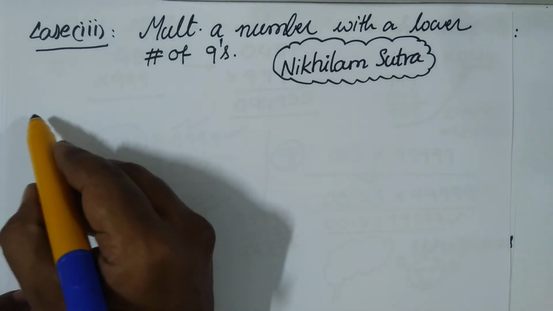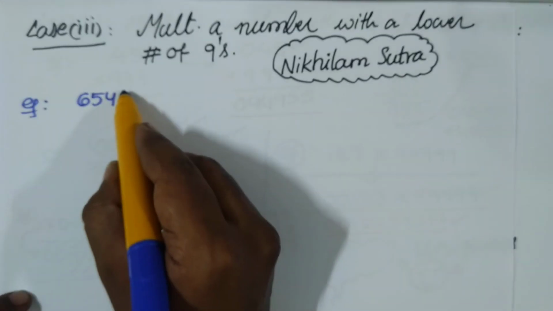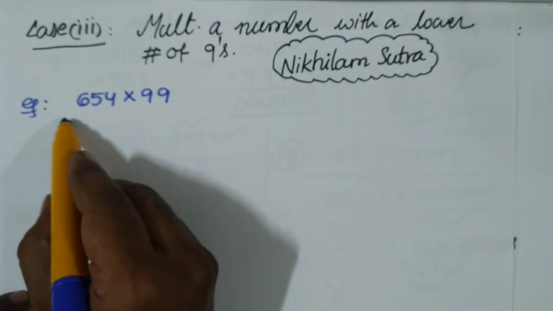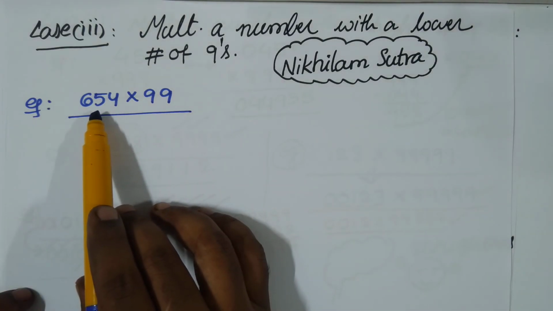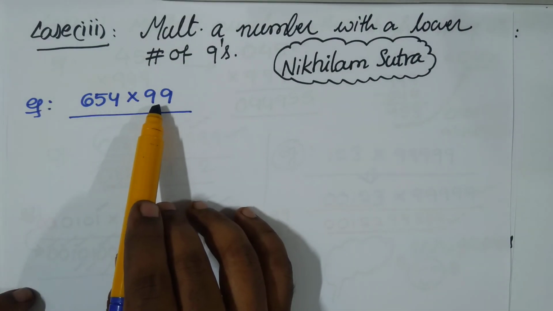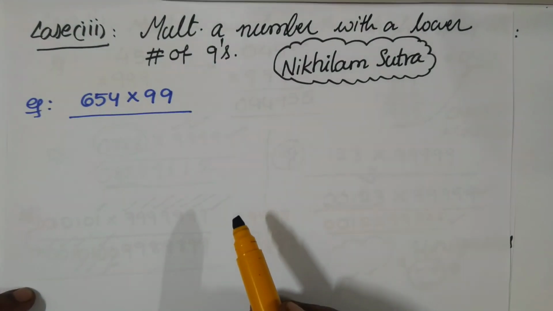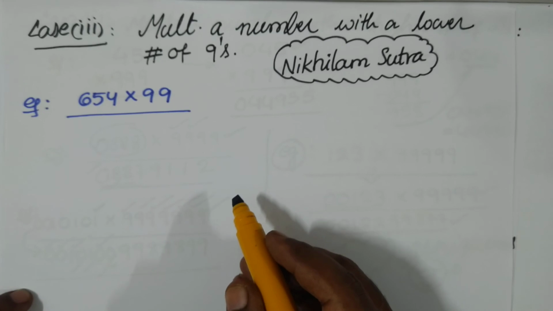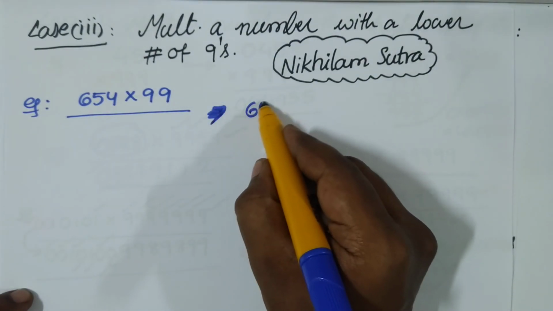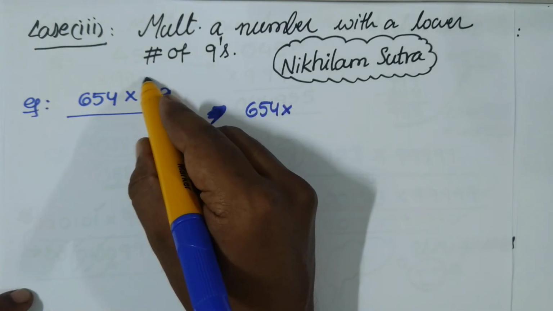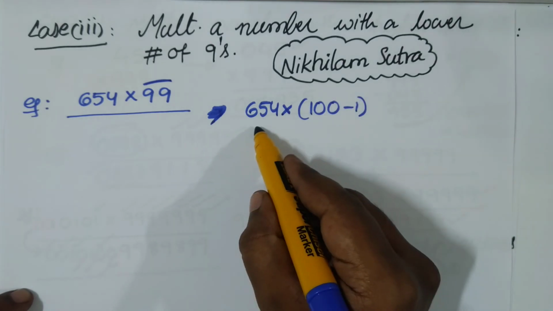Let's take the same example again. The first example, 654 multiplied by, initially we took 999, now we will take 2 nines. In the multiplicand we have 3 digits, in the multiplier we have 2 digits, so the multiplier has fewer digits than the multiplicand. In normal practice, we take 99 as 100 minus 1.